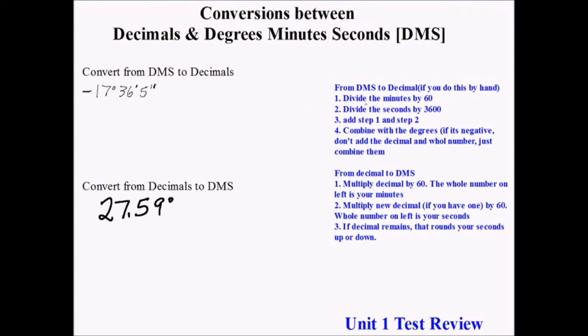So I'm going to do negative 17 degrees, and then I'm going to do 36 over 60 plus 5 over 3600, and you're going to come up with 0.60138 and so on.